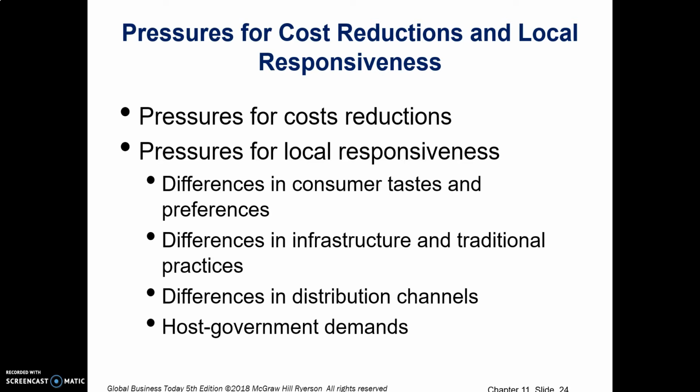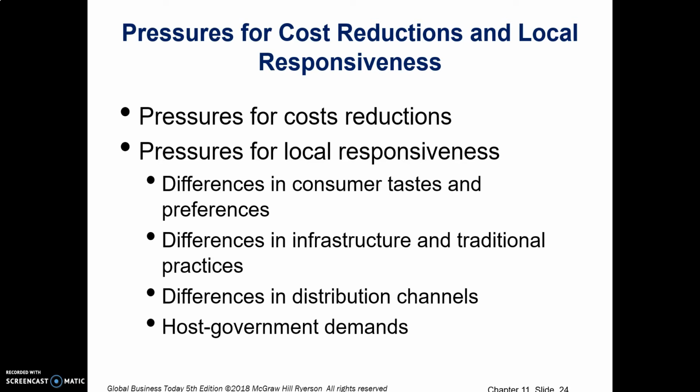Some argue, and there's lots of research on both sides, that the differences in local responsiveness are declining. So tastes and preferences globally are kind of converging, whereas there is an equal amount of research on the other side saying that the tastes and preferences local consumers have are actually diverging, are actually becoming more different.